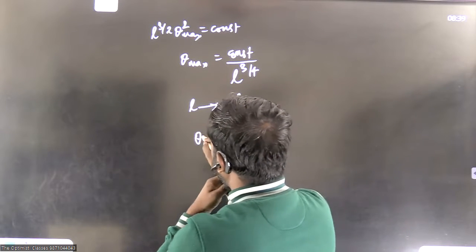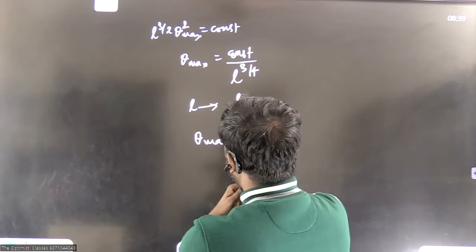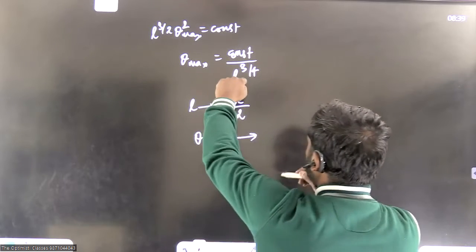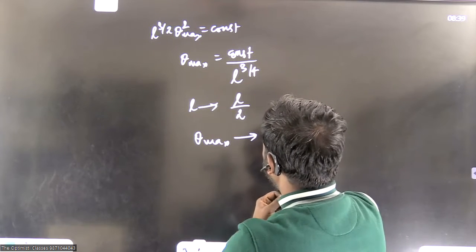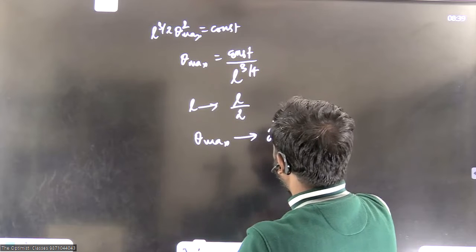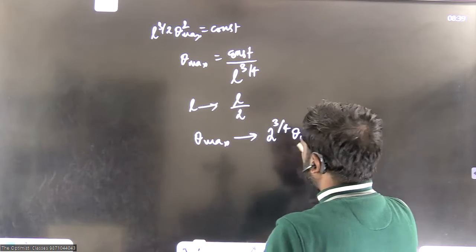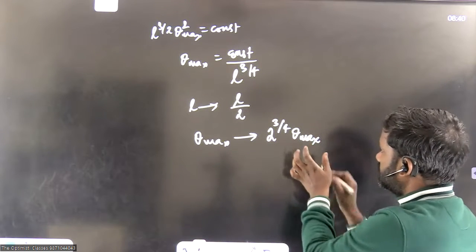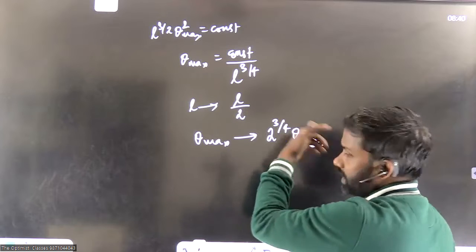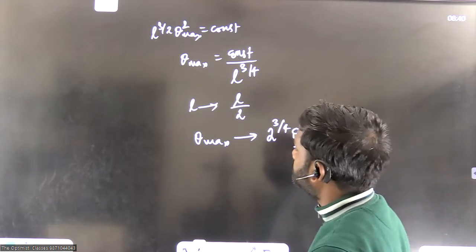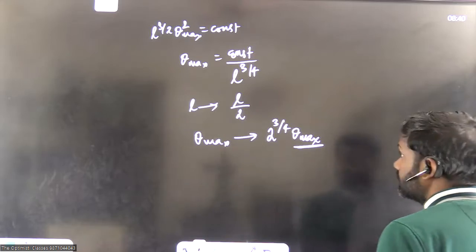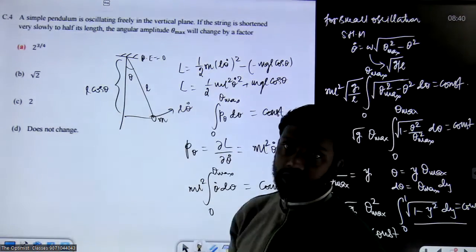Then theta max will change, and you will get half to the power 3 by 4, so the factor of 2 will come in the numerator. So 2 to the power 3 by 4 multiplied by theta max. Whatever theta max we had earlier, now that theta max gets multiplied by 2 to the power 3 by 4. Okay, so that's the answer. Therefore the correct option is option A.